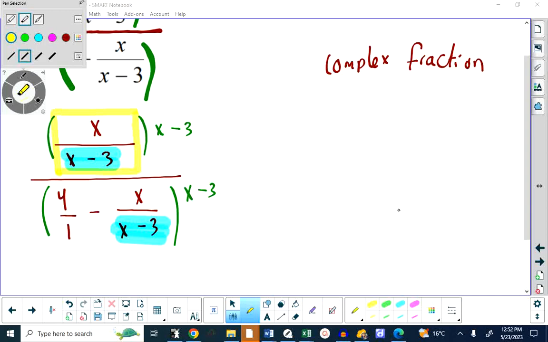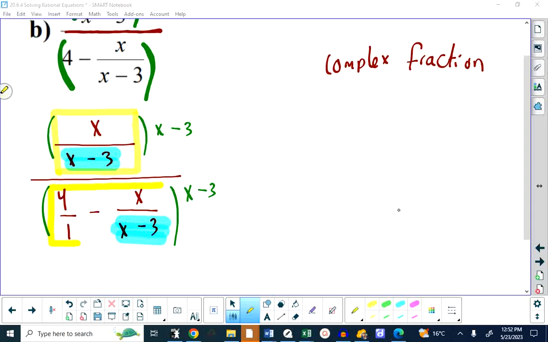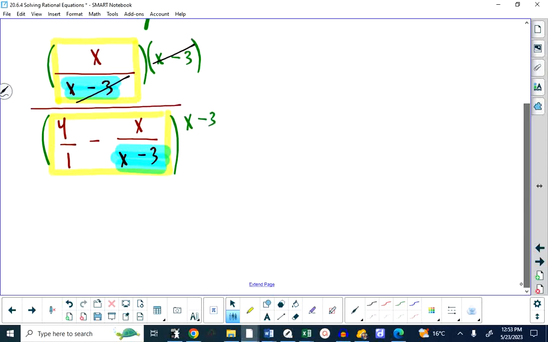Whereas the denominator is a binomial. So when I multiply this x minus 3 across the top, I'm just going to multiply it by this whole thing because it's a monomial, and what's going to happen is the x minus 3's will cancel. So I'm left with x on the top, which is considerably simpler than what it was.